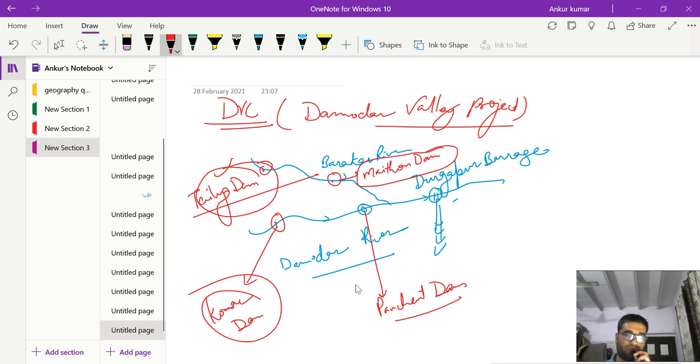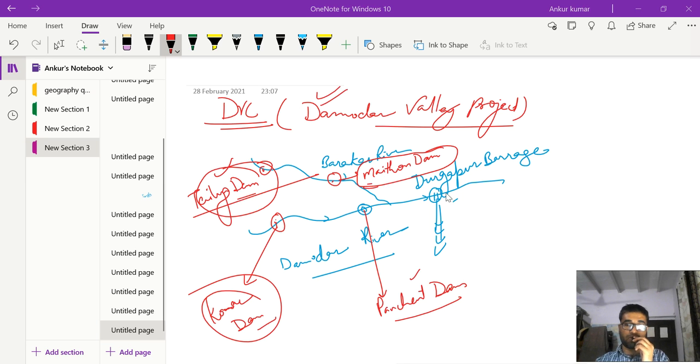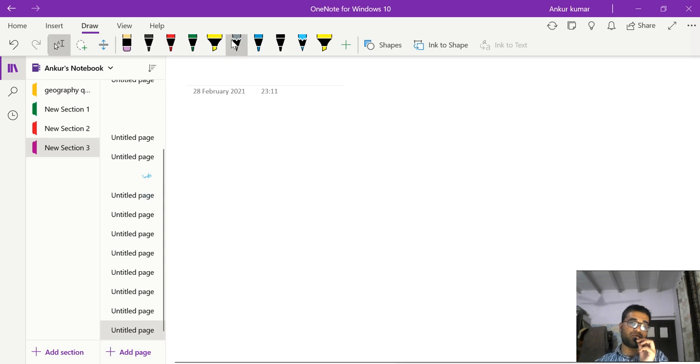So these basically four dams, although there are many dams on this Damodar River Valley system, but these four to be remembered, that is Penchant, Konar, Telaiya and Maithon, right? So we have done the Ganga River system. Okay, this was the last of the Ganga River system, the projects on the Ganga River system, right? Moving on to the next drainage basin, that is the Brahmaputra.